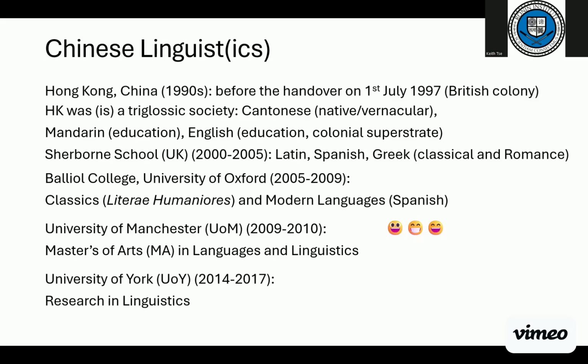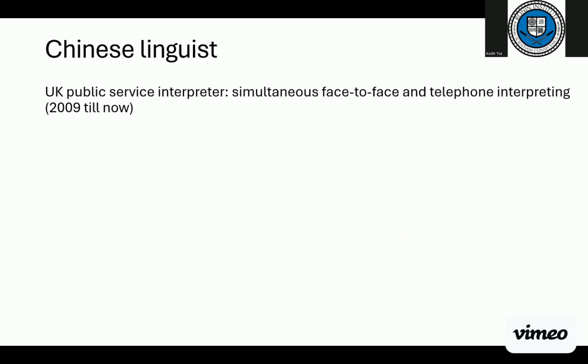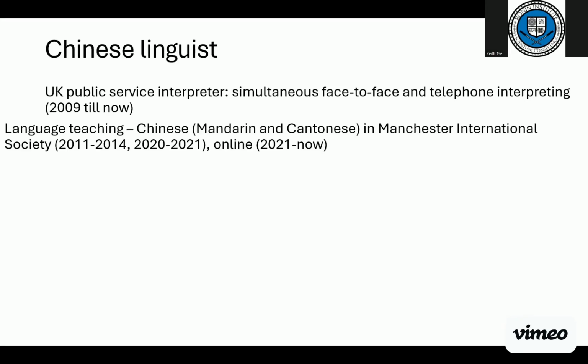All right, so this is a brief outline of my career as a linguist. Now, in terms of Chinese, I've done a bit more because since 2009, I've been a UK public service interpreter. So I've been offering face-to-face as well as telephone interpreting. I've also been teaching languages, mainly Chinese, so both Mandarin and Cantonese, which I began at the Manchester International Society.